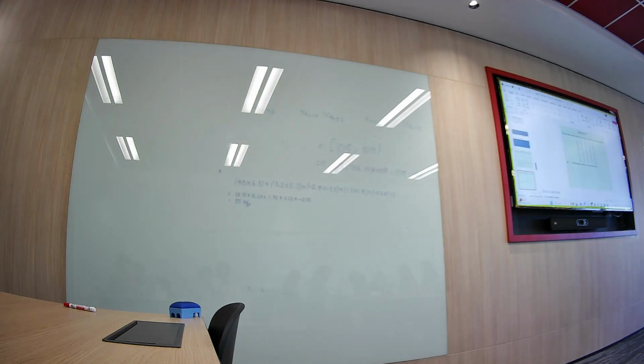So you learned about ogive, histogram, frequency polygon, and also the stem and leaf. Is there any question? Is it difficult? No, easy so far, the first class.